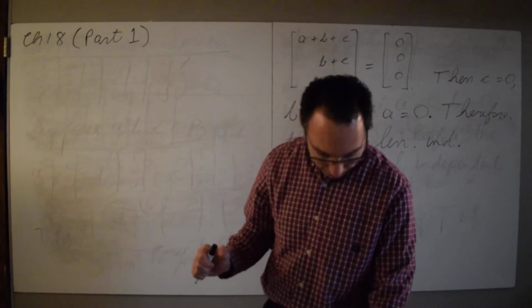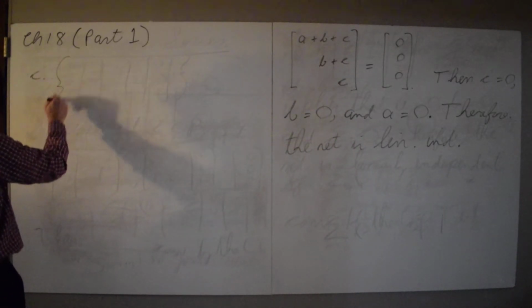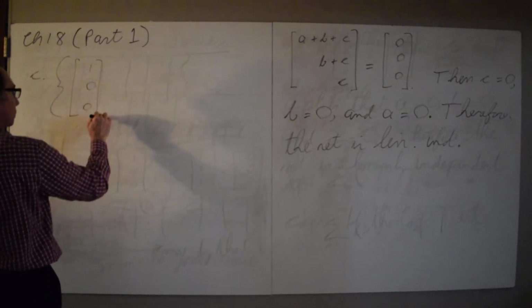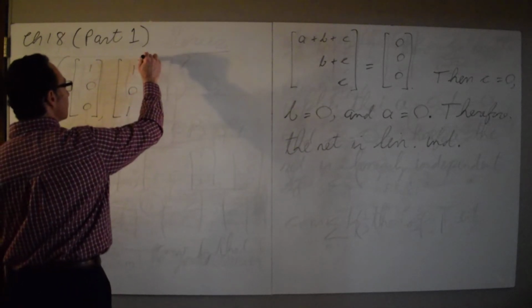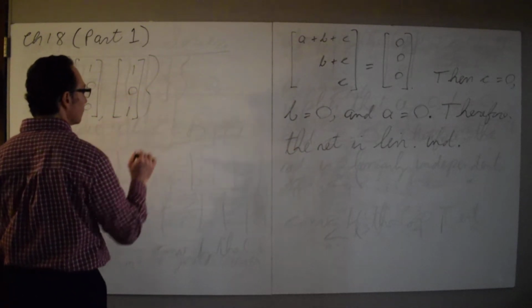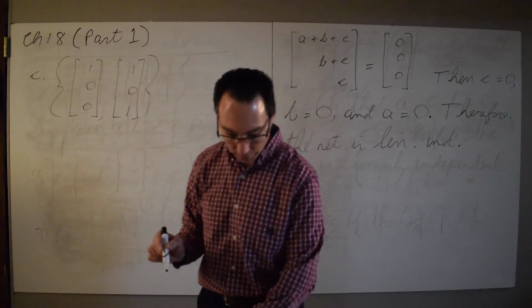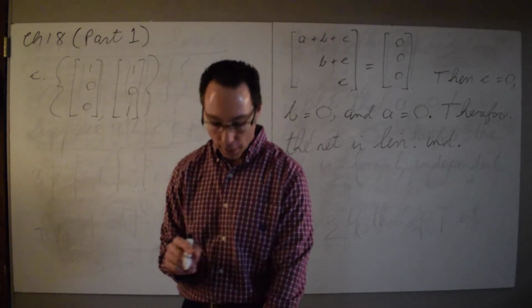Continuing to part C, we have a set of two vectors. This is the part where we will use corollary 191.